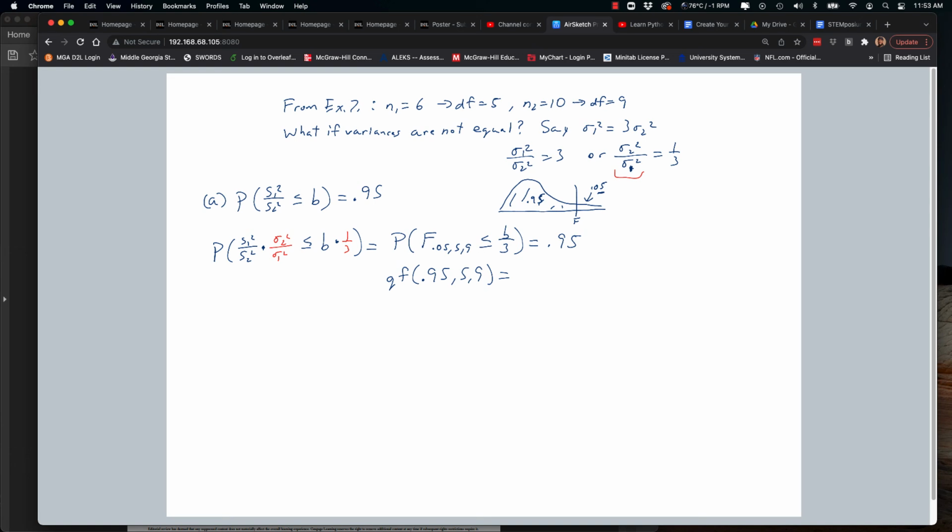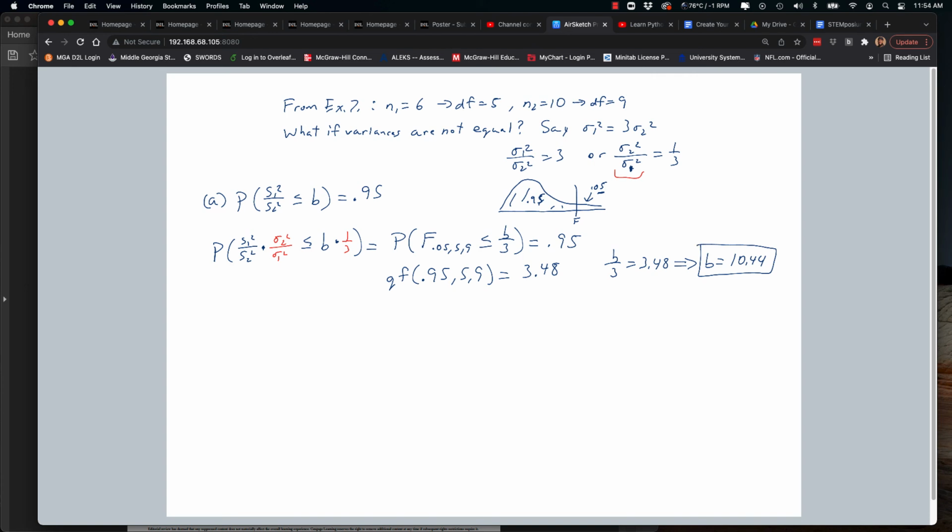I get the same answer we got in example 7, 3.48, I believe, yeah. So setting b over 3 equal to 3.48 and solving for b, we get that b equals 10.44. So a very different number because the ratios of the variances differ. So that's how you do that.